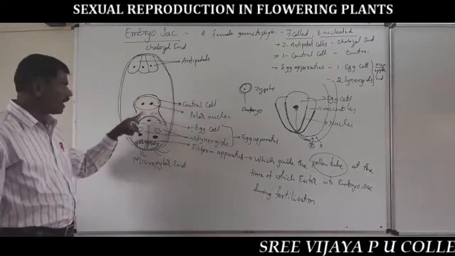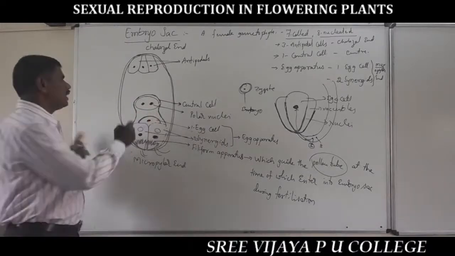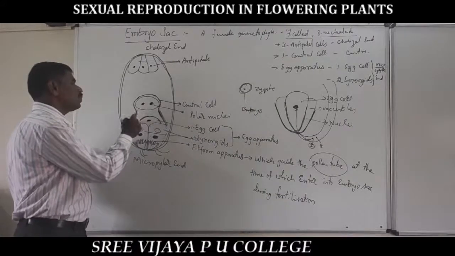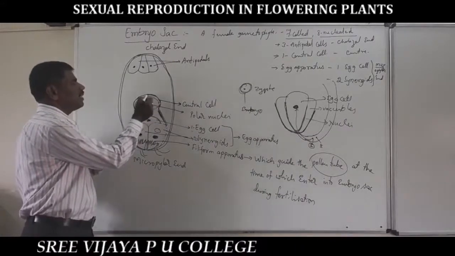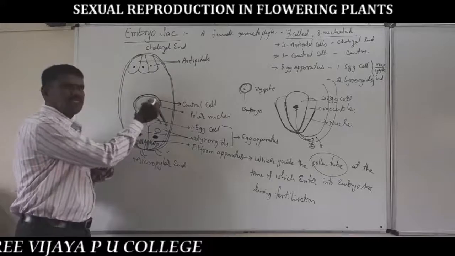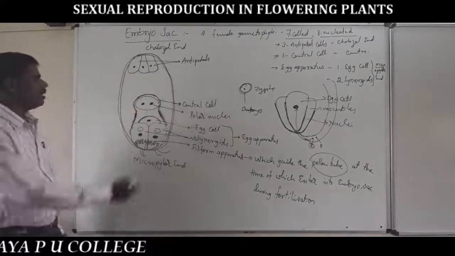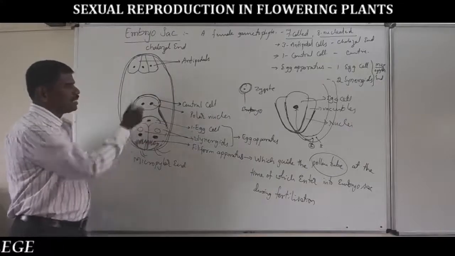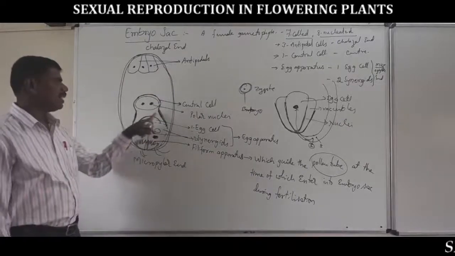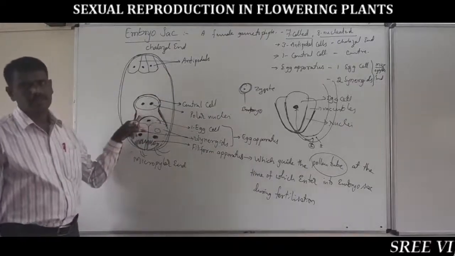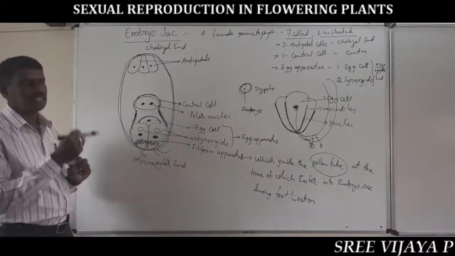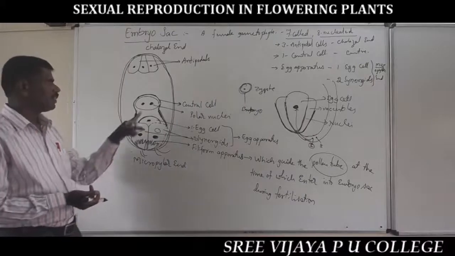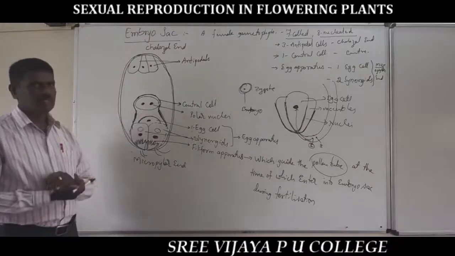The wall of this common membrane is also a little bit thick towards the micropylar end and thin towards the chalaza. So these are the central cell.